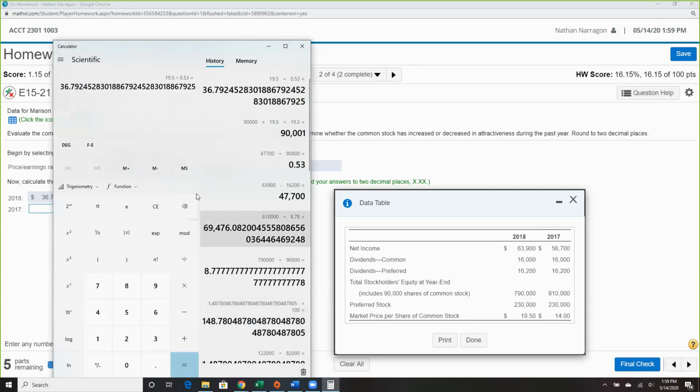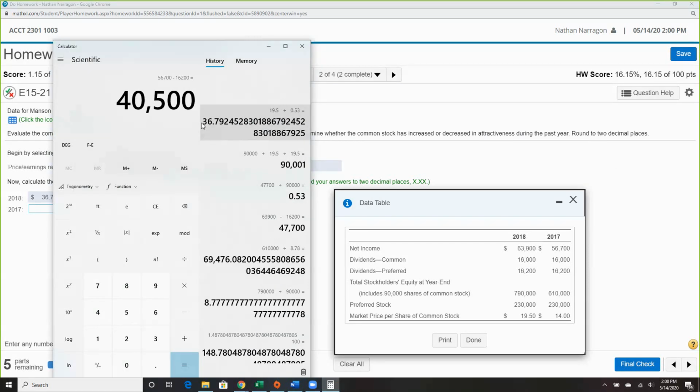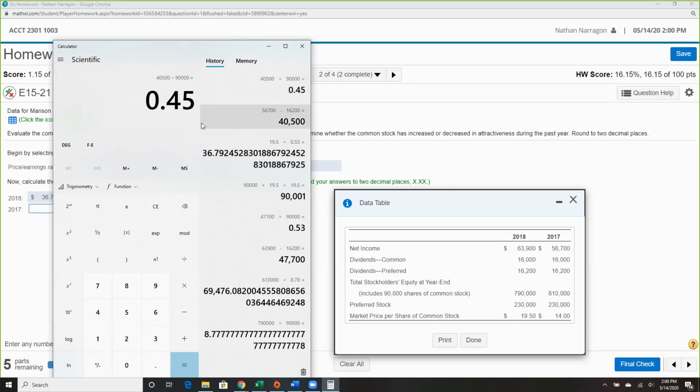So, calculator, first is figure out earnings per share. So we're going to take 56,700 minus preferred stock dividends divided by 90,000, because again, it's the shares. So that's about 45 cents.